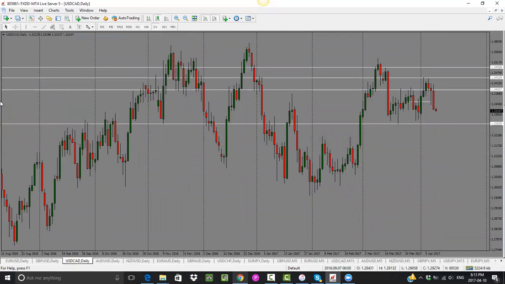Dollar CAD. Dollar CAD is what moved a lot today. It moved 104 pips, which is quite a big move for dollar CAD. So for dollar CAD, let's keep this one here.